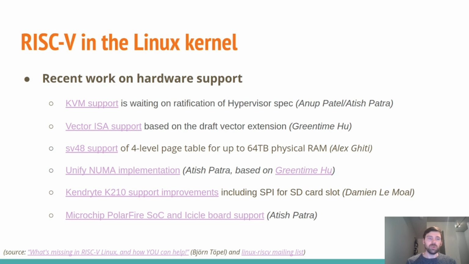There's also SV48 support, which is a four-level page table for up to 64 terabytes of physical RAM, which should hopefully be enough for a while. And there's also work to unify NUMA implementations for bigger systems. There's also work being done to support some of the more recent RISC-V dev boards.